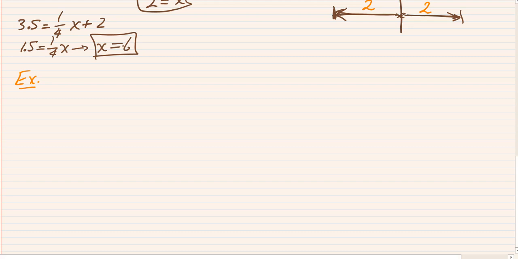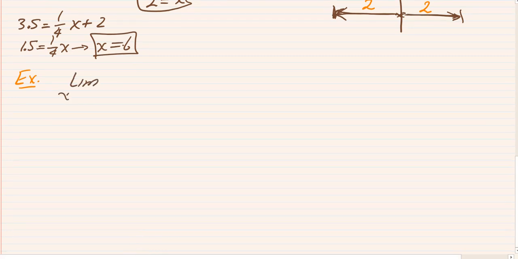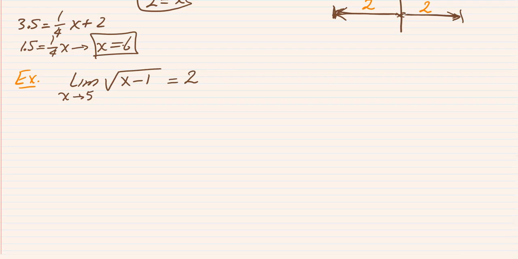How about this? Let's say we find the limit as x approaches 5 of the square root of x minus 1. Now this limit as x approaches 5: 5 minus 1 is 4, and the square root of 4 is 2. There you go. So again, for this one, I want to be within 1 unit of the limit.